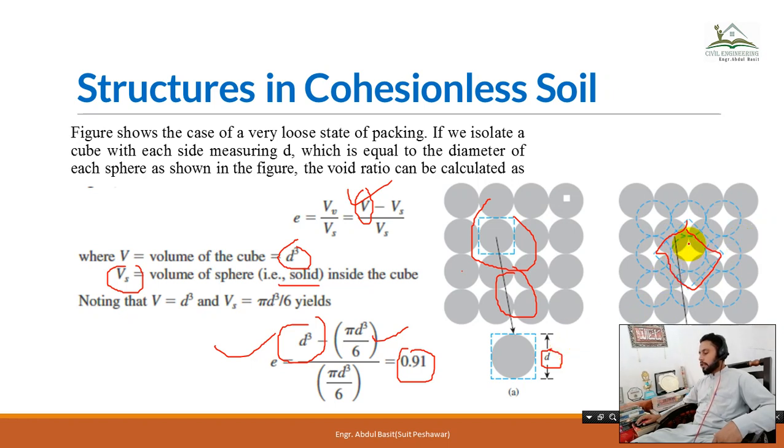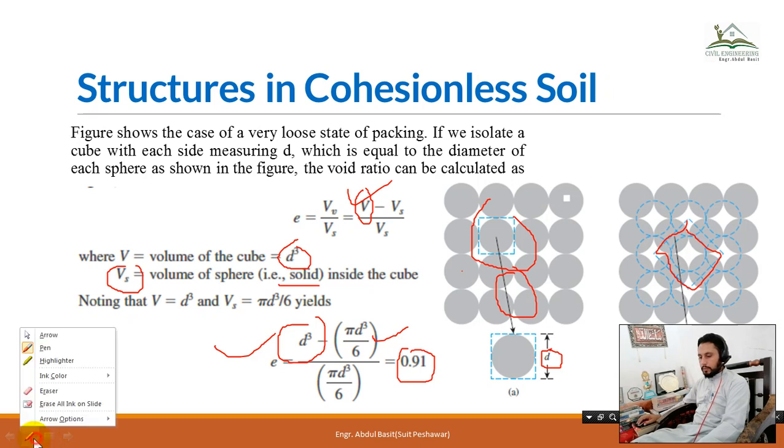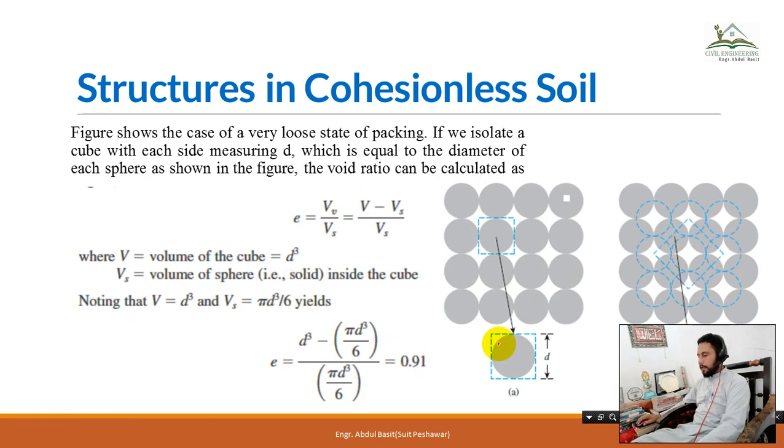Let me remove it first to make it a bit clearer to you people. This is that volume. And now you can see what is the diameter of this cube, or you can say the diagonal of this cube. So this refers to two spheres, and two spheres mean two diameters, so this will be 2d.